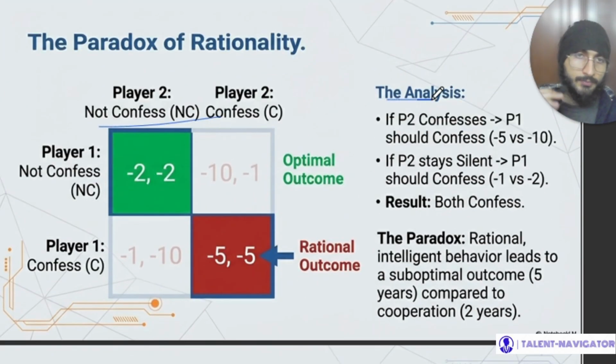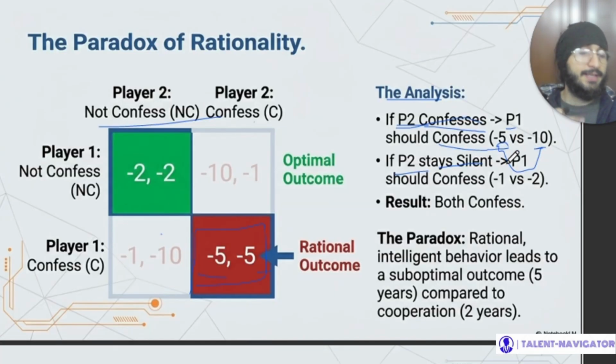The analysis is that this is the rational outcome, where both players confess and get 5 years each. If prisoner two confesses, then player one should also confess, because his sentence would be reduced from 10 years to 5 years if both are confessing.